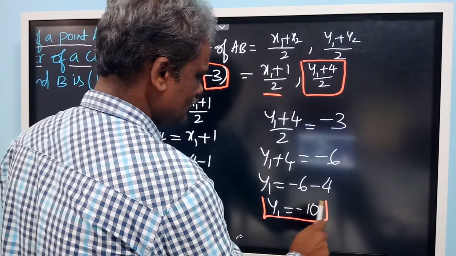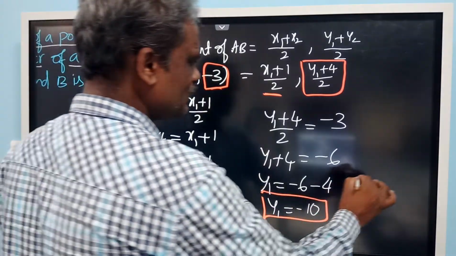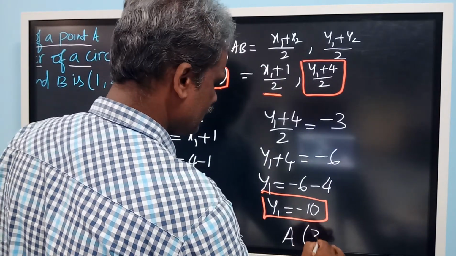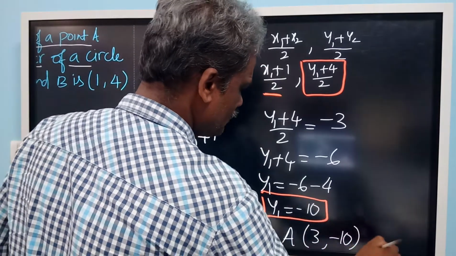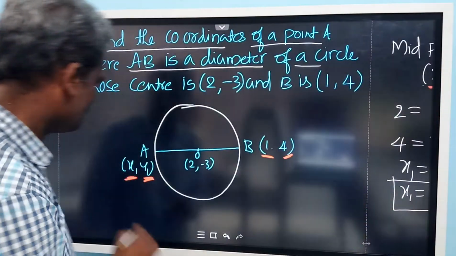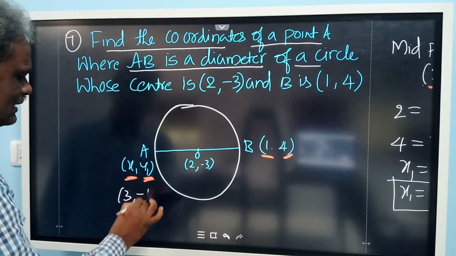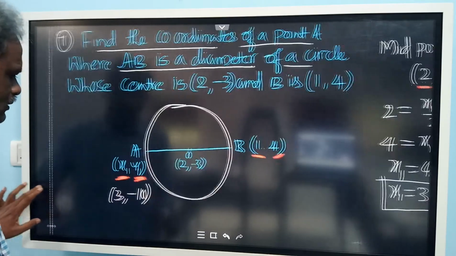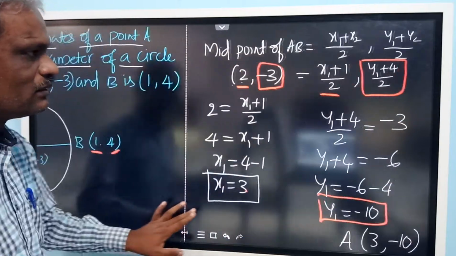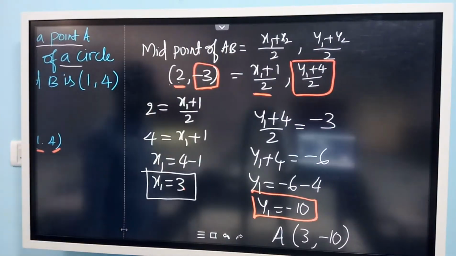So the coordinates of A are (3, -10). X value is 3, y value is -10. This is how you can do this one.